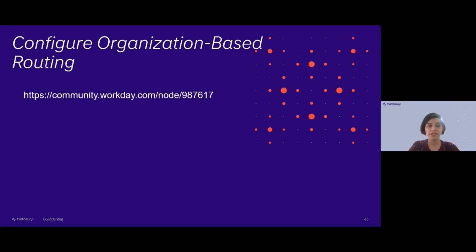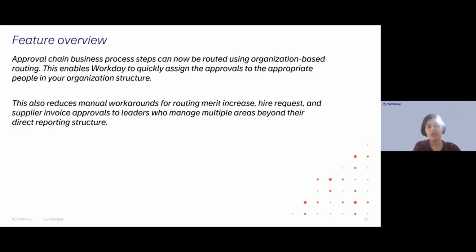Now, this is also a really good feature, that is configuring organization-based routing. So Workday now allows the approval chain and the consolidated approval chain routing to happen in an organization hierarchy structure, so you can modify the way the approval chain is now being routed.